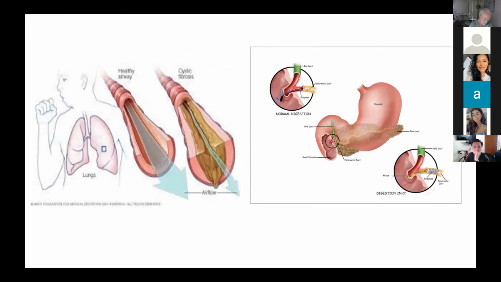I've included two images. The one on the left shows an illustration comparing a normal set of lungs and a set of lungs infected with cystic fibrosis. And the image on the right is comparing a normal digestive system and a digestive system infected with cystic fibrosis.